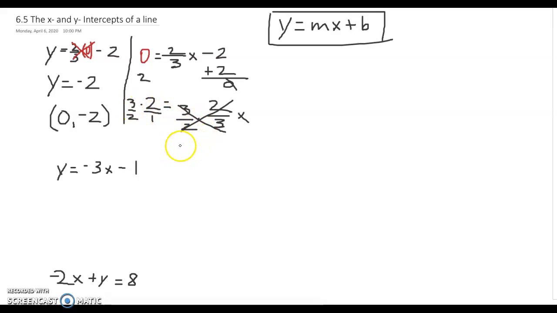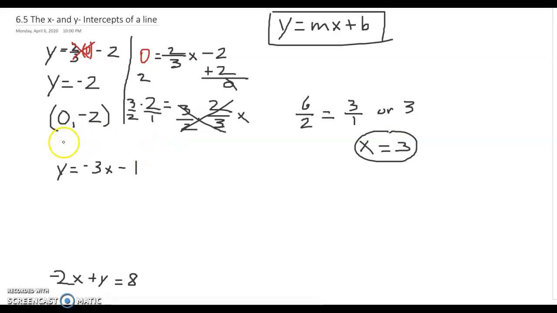And so now we're going to have 6 over 2, which then will equal 3 over 1, which will then basically equal 3. So our x will equal 3. And our next set of points is 3, comma, 0.